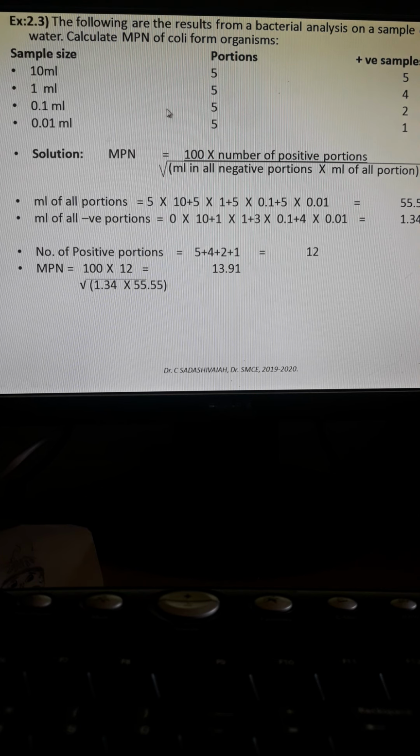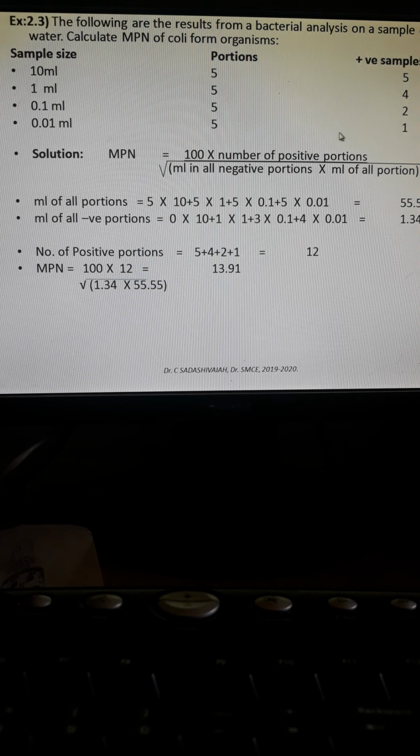Plus, in the second case, where 4 indicated positive and 1 indicated negative, it will be 1 into 1 ml portion, which is equal to 1 ml. Then in the third set, where 0.1 ml was dispensed, 2 indicated positive, obviously 3 will become negative, therefore it is 3 into 0.1, so the value will become 0.3.